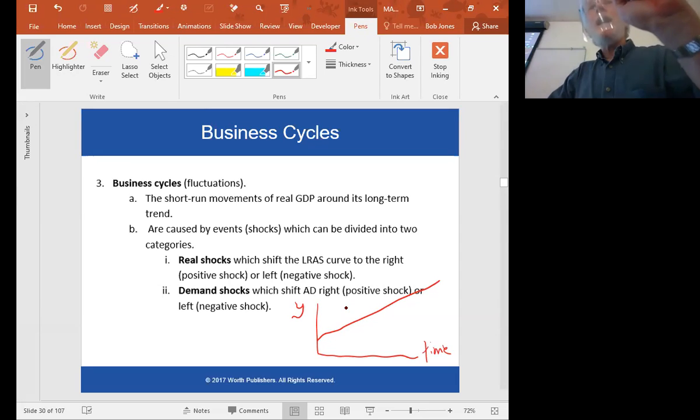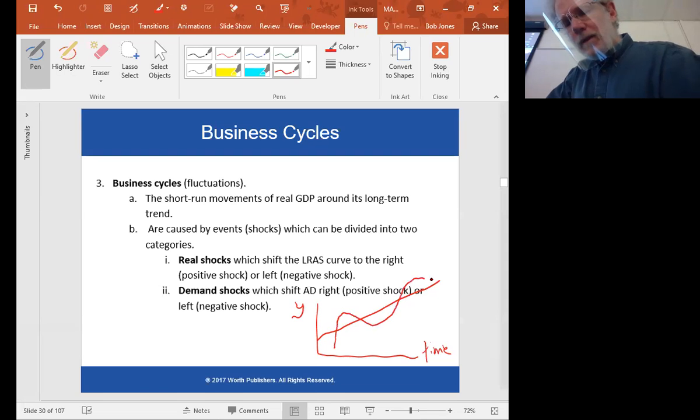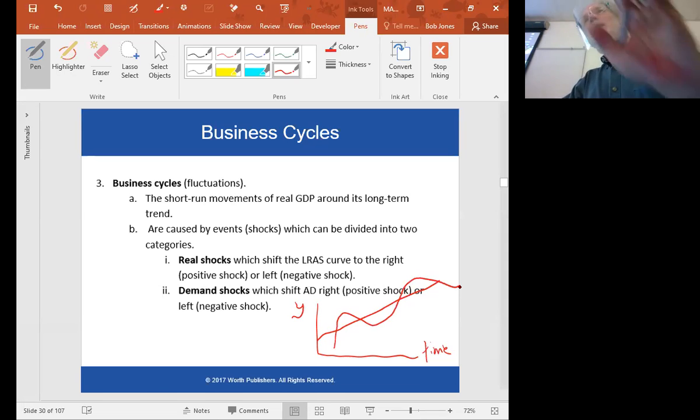But if you look at the actual path of GDP, it does something like that. It increases faster than 3%. It decreases at some periods. The business fluctuations refer to these short-run fluctuations around the long-term trend.